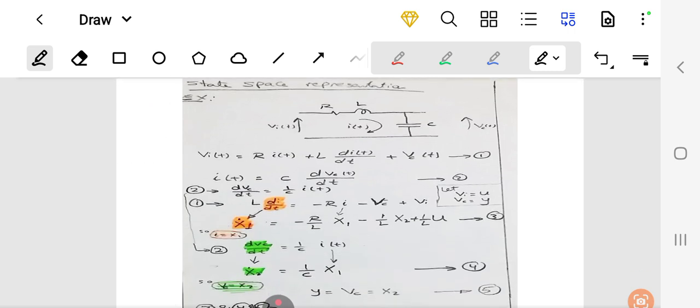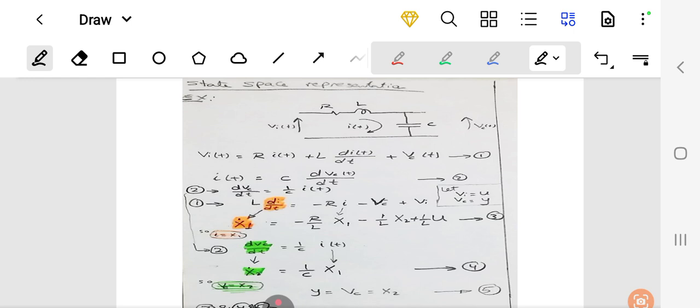Then we will see an example for the electrical system. We have an electric circuit with V input, resistance, inductance, capacitance, and the output is across the capacitance, the voltage across the capacitance. We will write Kirchhoff voltage law for this circuit.